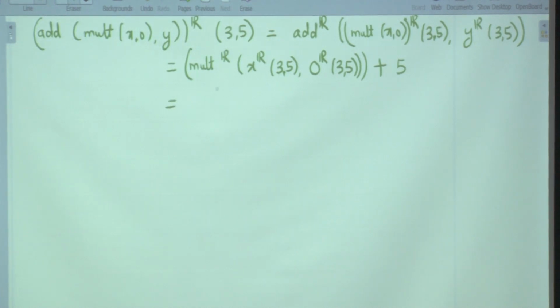Then mult R is multiplication. So xR at 3 comma 5 is 3. So 3 multiplied by, what is 0R at 3 comma 5? 0. Then there is a parenthesis and then 5. So this will be 0 plus 5, which is equal to 5. You do all of that in one go.